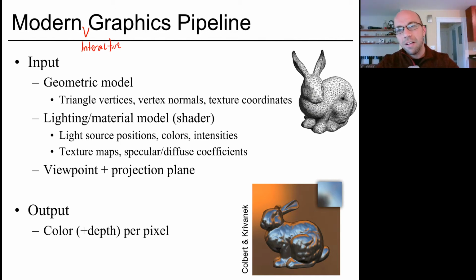And then, as with all rendering, the output is just the color and also a depth value, like our Z buffer, for each pixel.